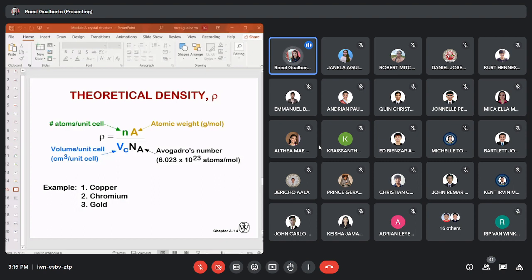This APF, dyan po natin titingnan kung gaano kadami, of the total volume of the unit cell, gaanong porsyento po doon yung covered or ino-occupy ng ating atoms. Doon po natin nakikita. Paglaki po ng value ng APF, ibig sabihin, maganda po yung packing ng material, ng structure ng material.